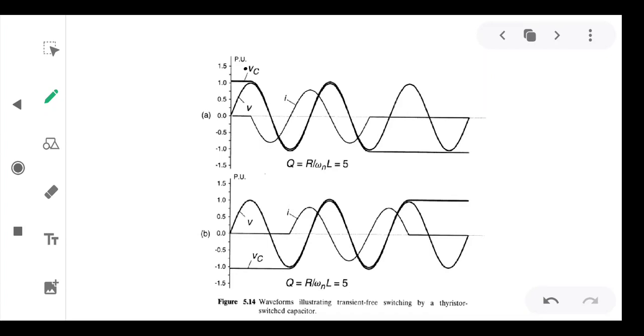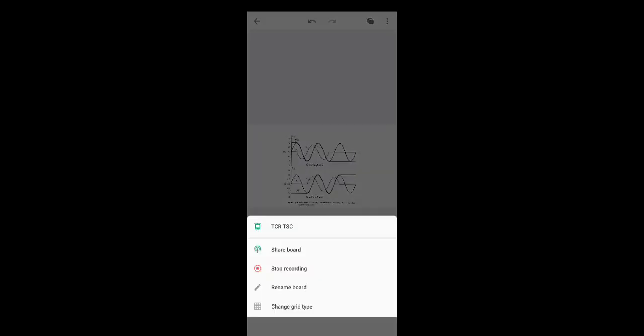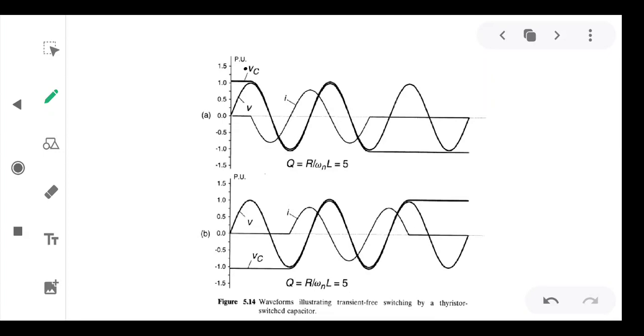And the quality factor is given by Q is equal to R by omega L, that is 5.